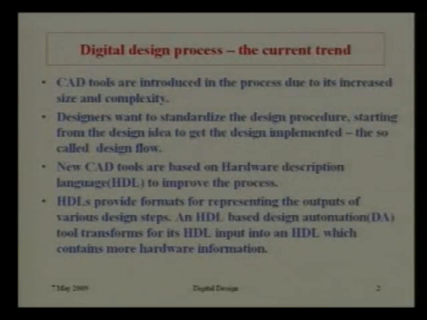As a summary, remember that given a problem, I want a piece of hardware on silicon. First I have some algorithm for that, so I have to represent that. And as my aim is to get a circuit or hardware, I will represent that circuit using some hardware description language.